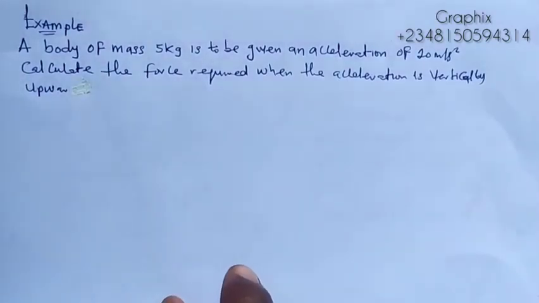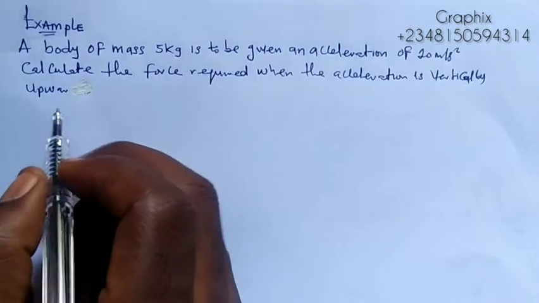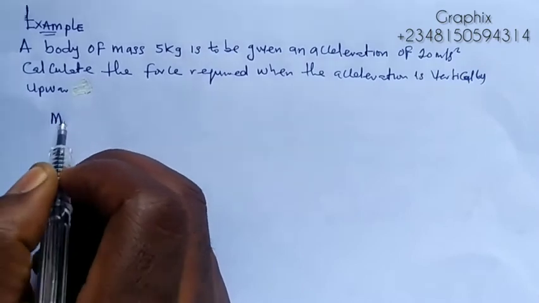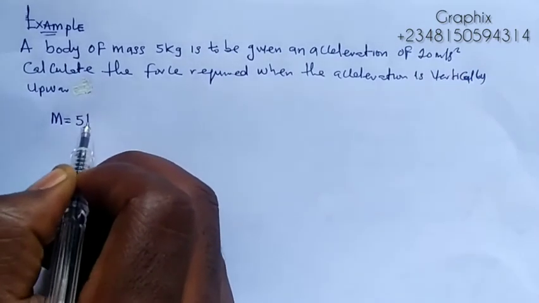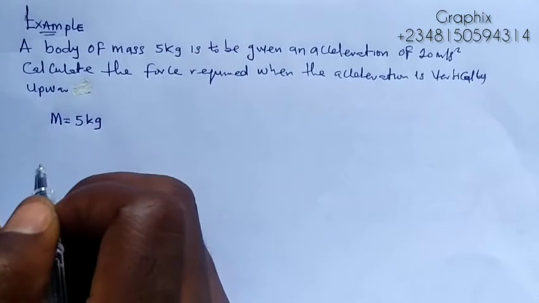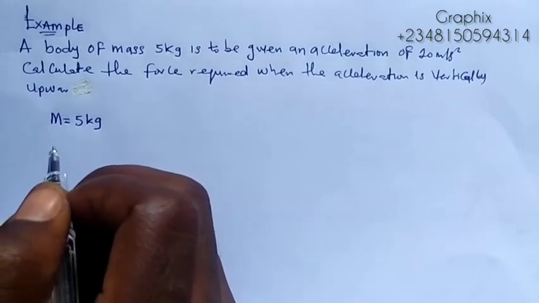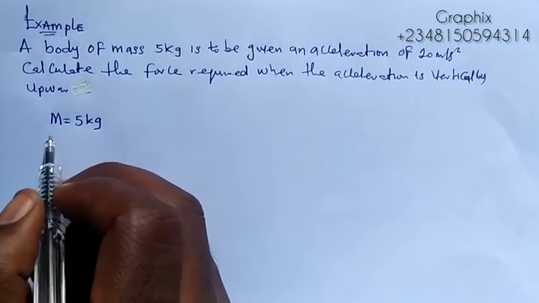Let's take a look at this example. It says a body of mass 5 kg, the mass of the body m given as what? 5 kg, is given an acceleration of 20 meters per second square.